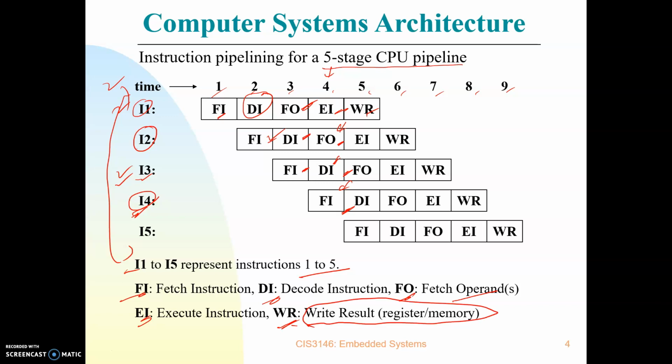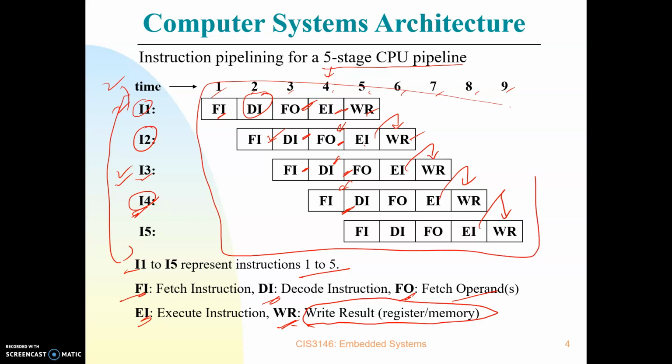That is writing the final result after executing for I3. This is for I4, and this one is for I5. So here you can see instructions are running in parallel, all in one go at different intervals of time, I1 starting from T1 to T9.